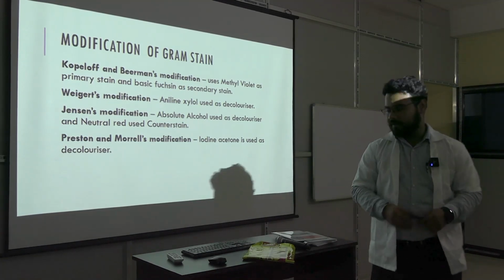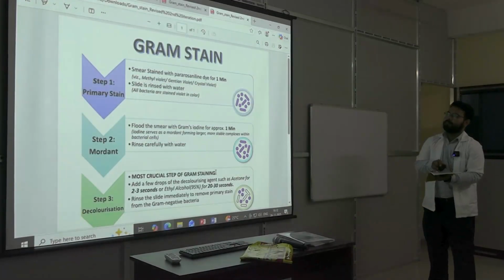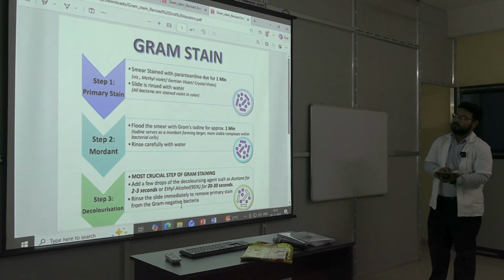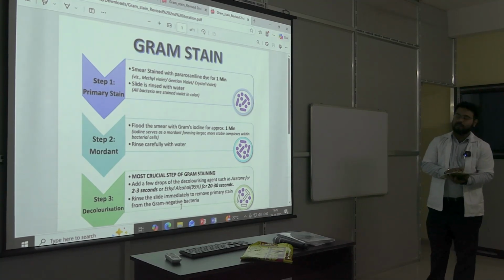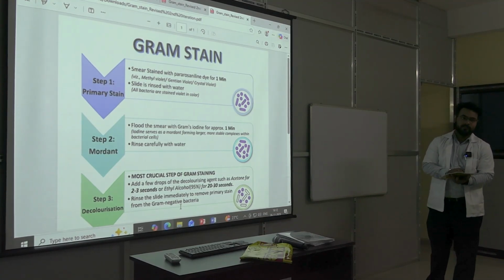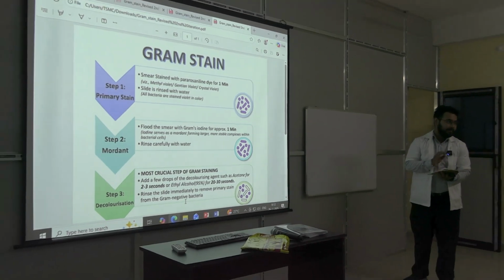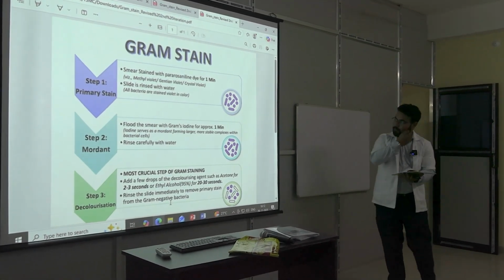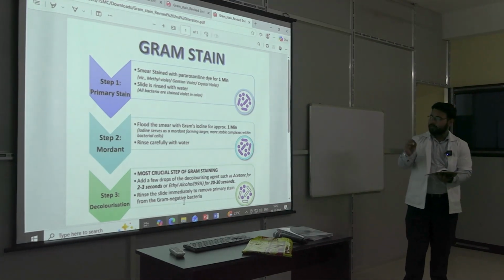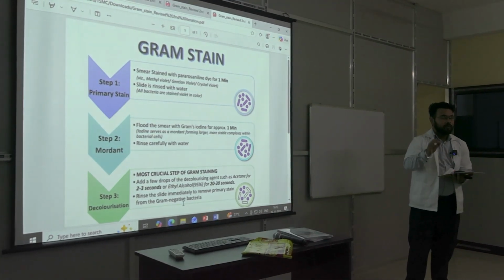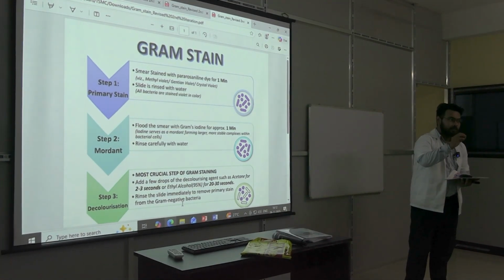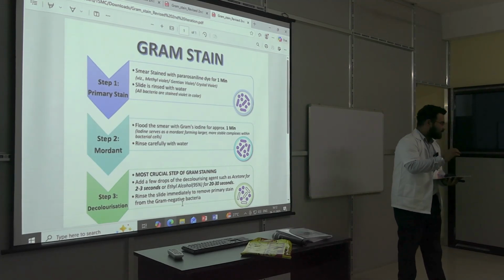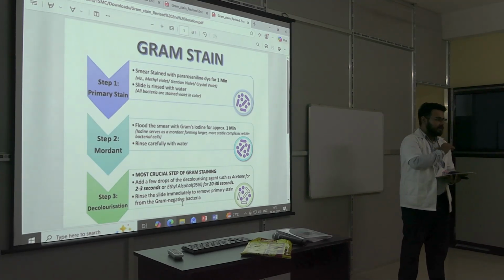Now we'll move on to the steps of gram staining. What is the first step? The smear is stained with para-rosaniline dye for 1 minute. You need to know the time, 1 minute. We'll use methyl violet here, crystal violet here. As soon as we start pouring crystal violet, you will start your timer. Everyone needs to have an analog watch during this practical.